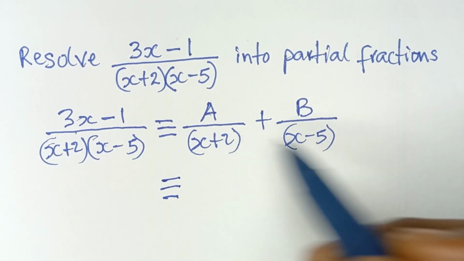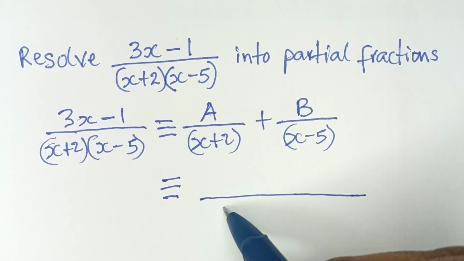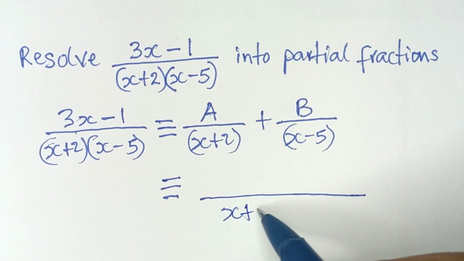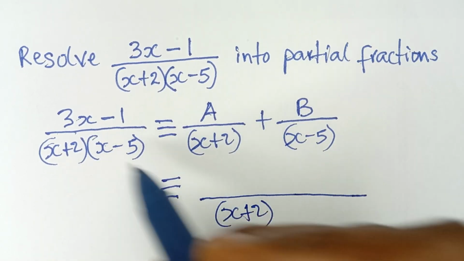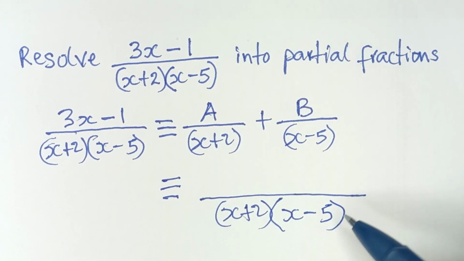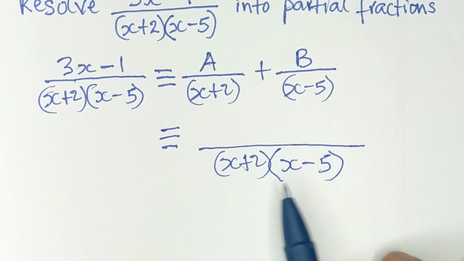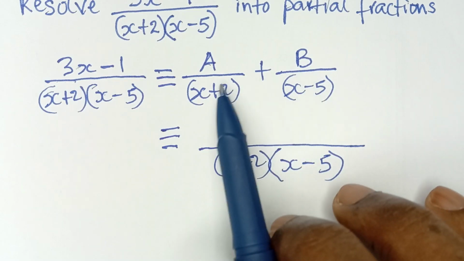Now, as usual, let me use the equivalent sign here. The LCM of these two is simply to multiply them together. So I say x plus 2, just as what we have here, multiplied by x minus 5. So this is the LCM. Now, just like the way we handle fractions, assume we want to add these two fractions.